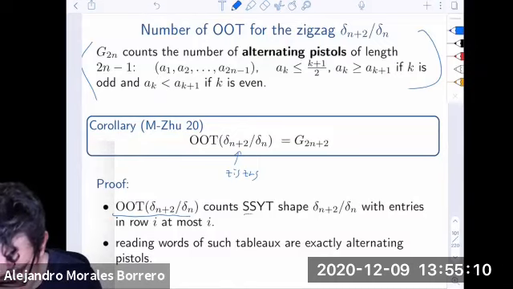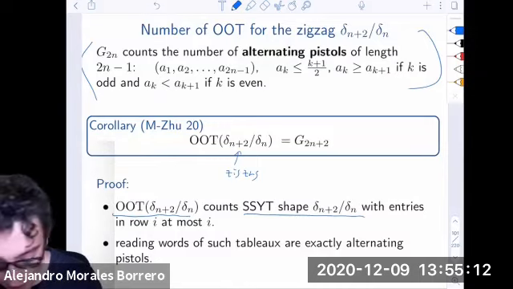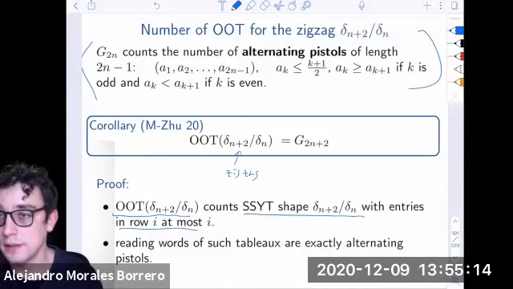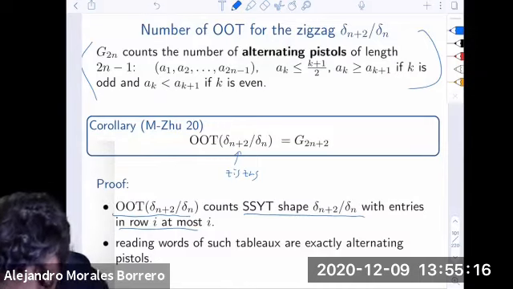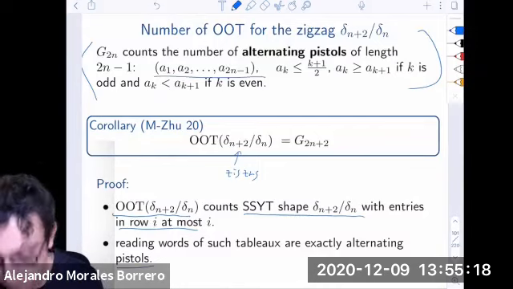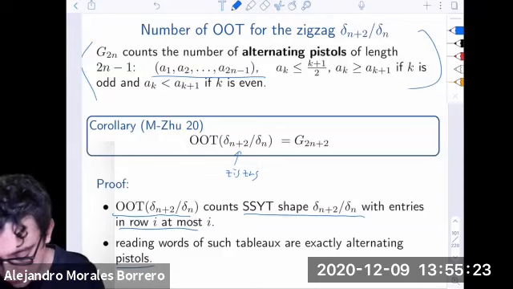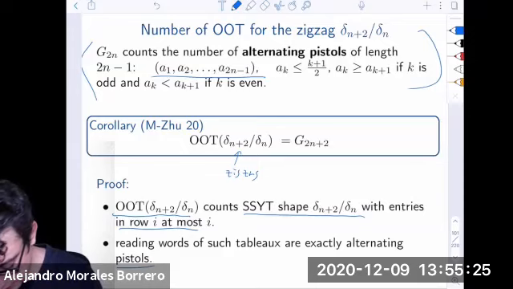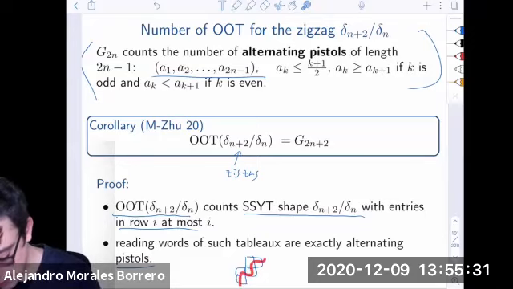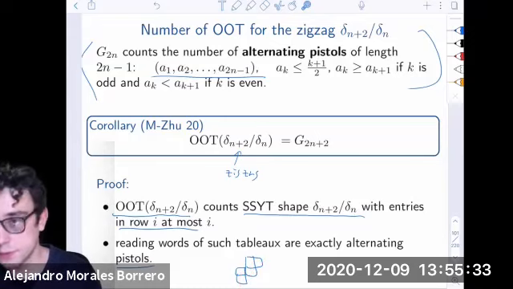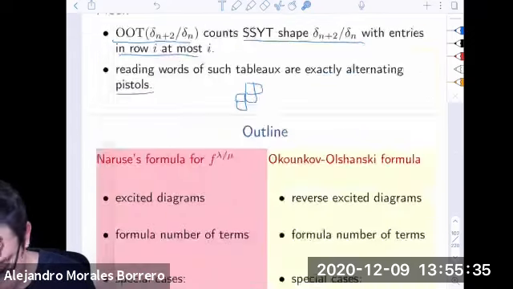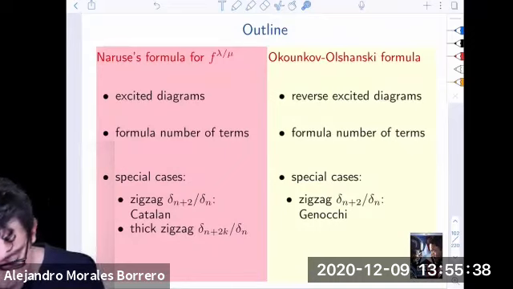So they count semi-standard tableau of zigzag shape with entries in row i at most i. And the reading words of those are exactly what you're looking for. If you do the reading word, that's exactly going to be an alternating pistol. It's the same interpretation. So for the zigzag we get Genocchi numbers.